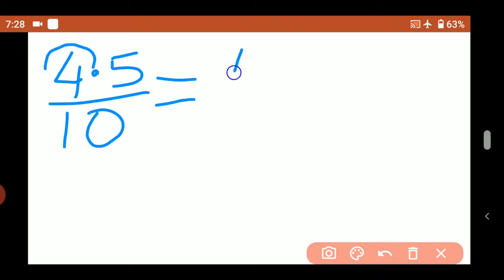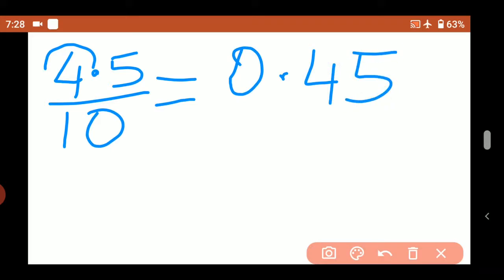You have to simply jump to the left. So you get 0.45. This is how you do it when the denominators are 10, 100, 1000. So you only have to jump towards the left. How many jumps? As many as the number of zeros in the denominator. Hope you are understanding it.